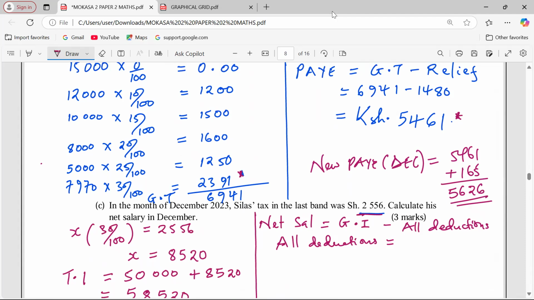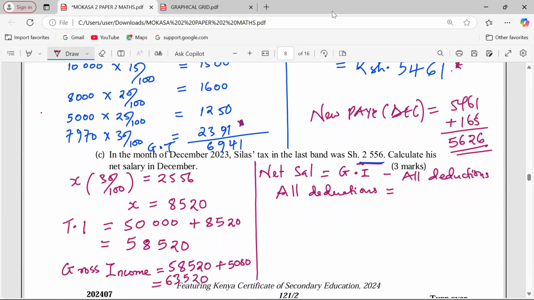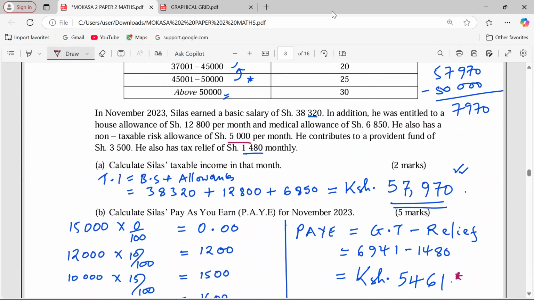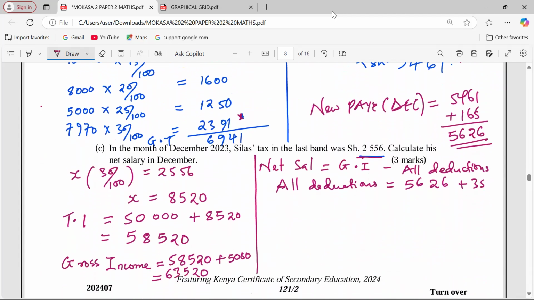When we take all the deductions now, the first deduction is PAYE. Then anything else that is paid by Silas, according to the communication here, is he contributes to a provident fund of 3500. So that is a deduction from his pay. So all deductions shall be 56.26 plus 3500, giving us 91.26.